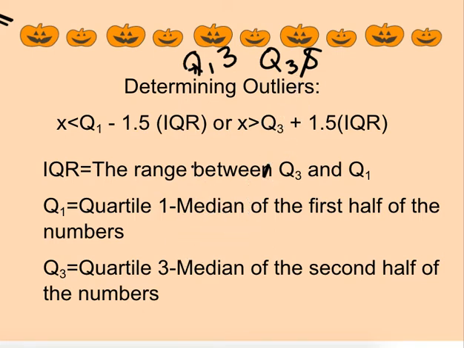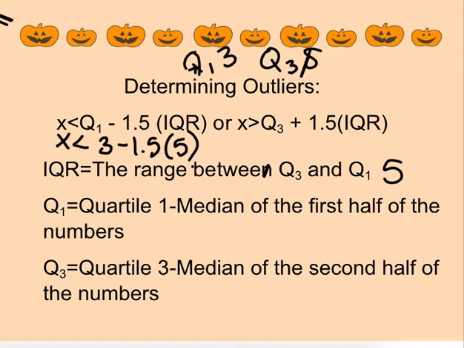Okay, so in order to do that, let's find the interquartile range. And that is the range between the third and the first quartile. So we have 5. What we're going to do is determine on the low side and the high side what a number would have to be in order to be an outlier. So we start plugging things in and we say x needs to be less than quartile 1, which is 3, minus 1.5 times the interquartile range, which is 5.